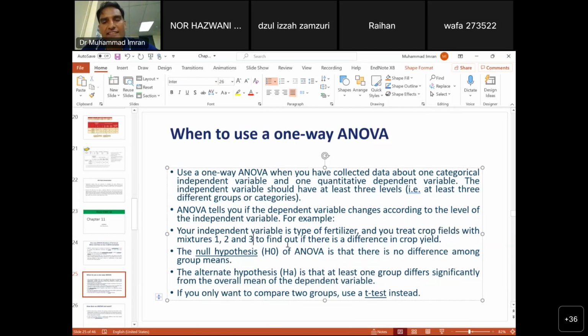To find out if there is a difference in the crop yield: how is the first group influencing the crop yield, how is the second group impacting the crop yield, and how is the third group influencing it? Is it increasing or decreasing? Is there any impact? But these all three groups are categories, or we can say levels, of one independent variable. Understand? So which is our IV? Type of fertilizer. Got it?